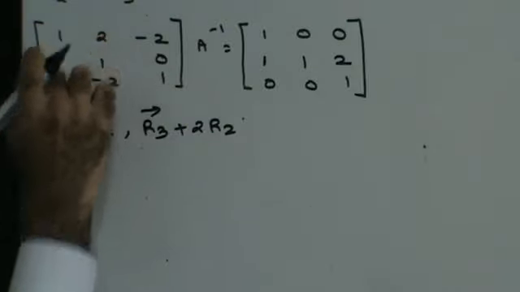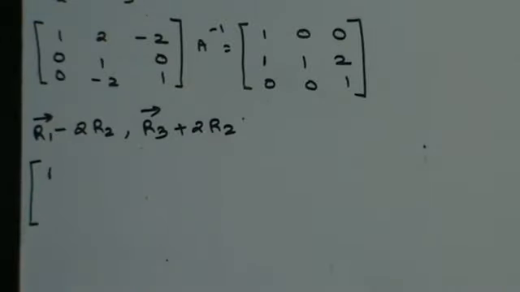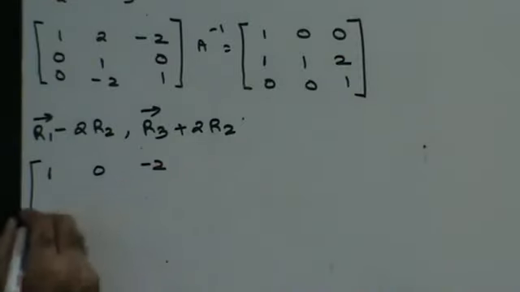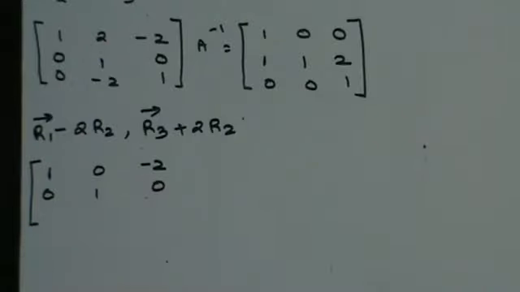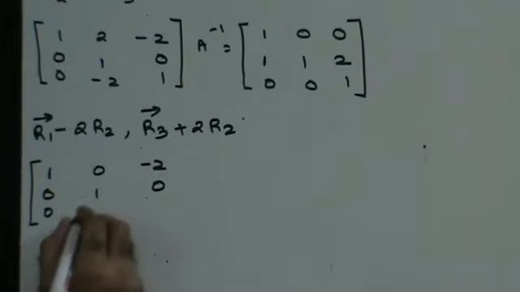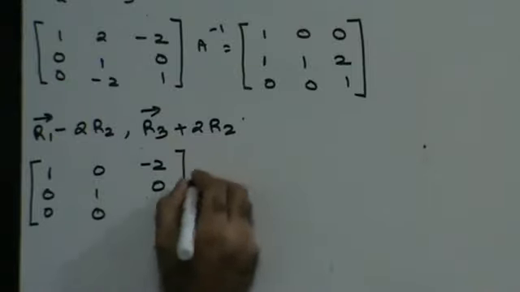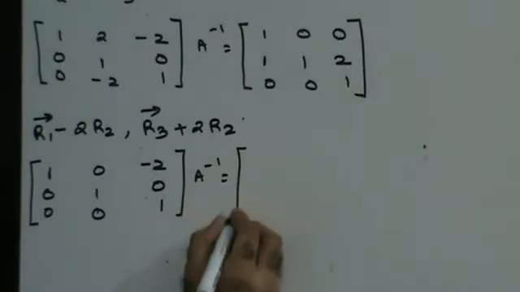1 minus 0, 1; 2 minus 2, 0; minus 2 minus 0, minus 2; 0, 1, 0. R3 has to change. 0 plus 0, 0; minus 2 plus 2, 0; 1 plus 0, 1, into A inverse as it is.